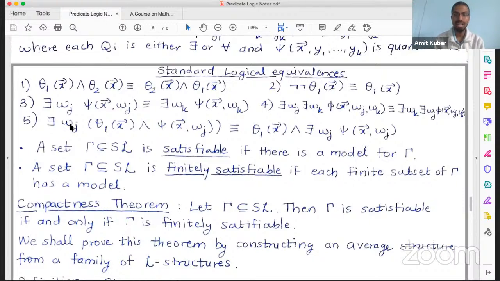After 200 years, Abraham Robinson, after the 1950s, actually found the meaning to the word infinitesimal. Abraham Robinson is a model theorist. Model theory is the study of first order logic from a semantic perspective, where the compactness theorem is just the beginning. So lots of questions that you are asking, model theory will be like application of first order logic to mathematics. If you are more interested in learning logic from a mathematics perspective, you should study model theory.